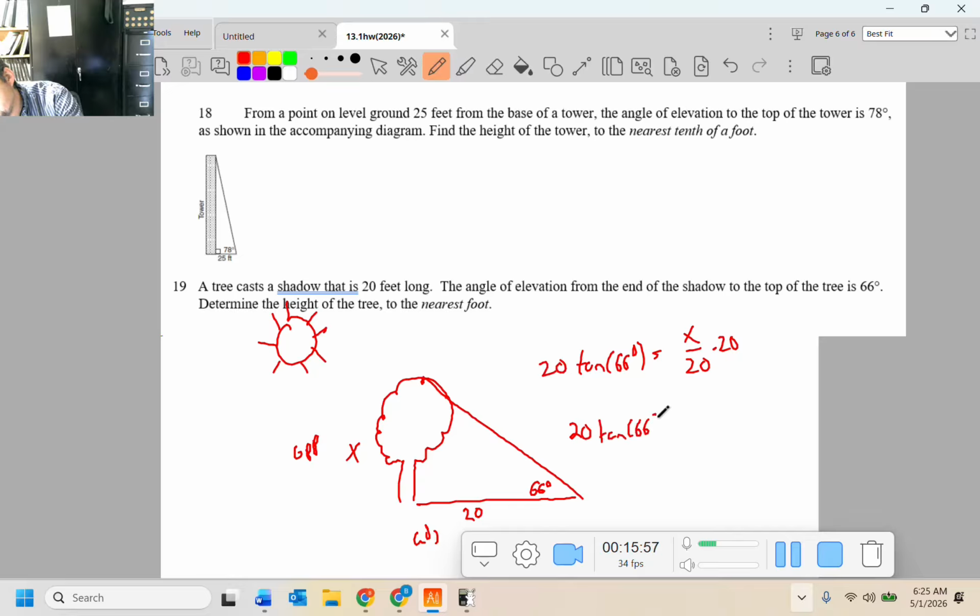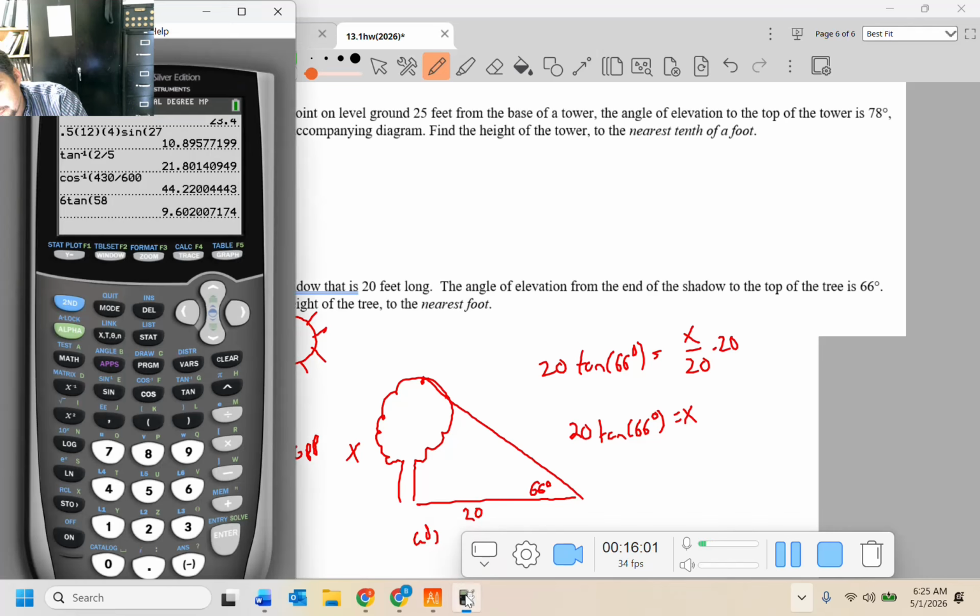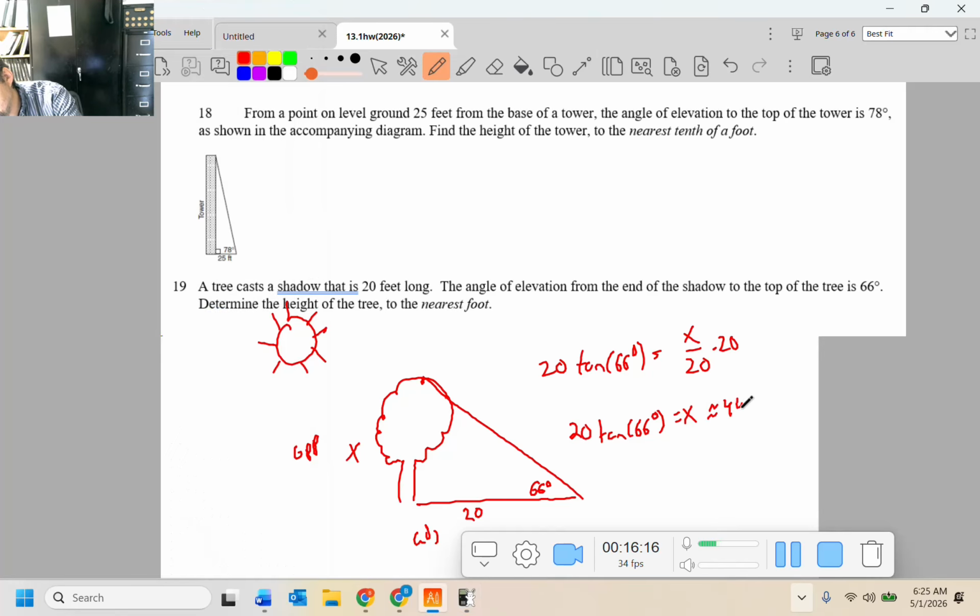It's a one-trick pony is all it is. 20 tangent of 66, and dadgummit, my tree is about 44.92 feet tall. And they want us to round that to the nearest foot. 43 foot is the height of my tree. It's kind of a small tree, isn't it?